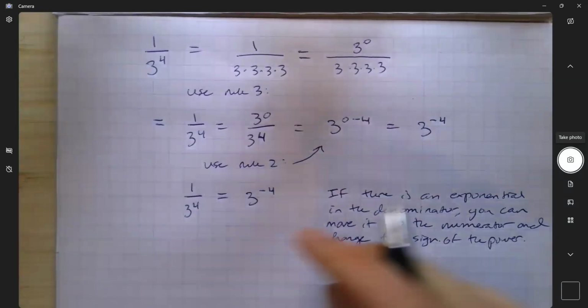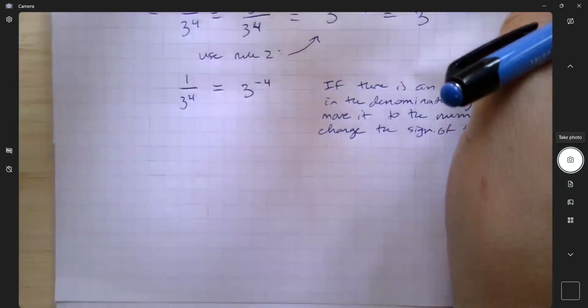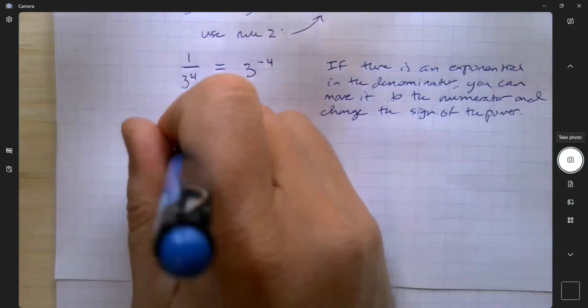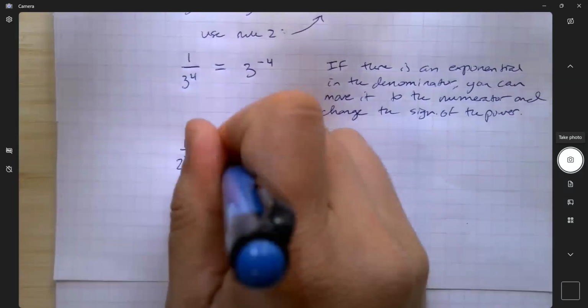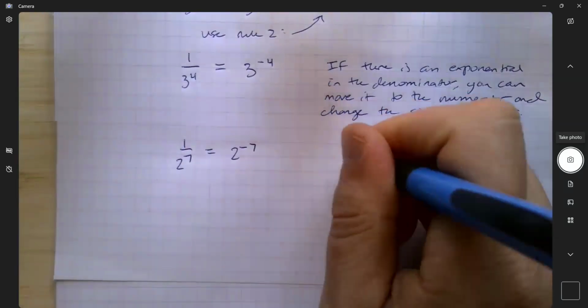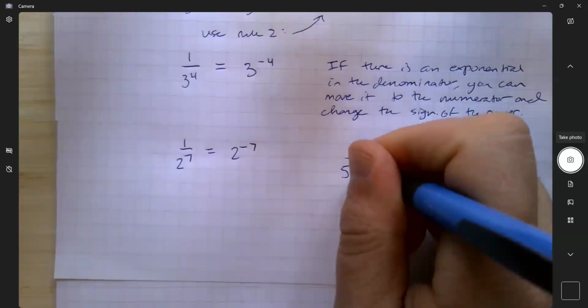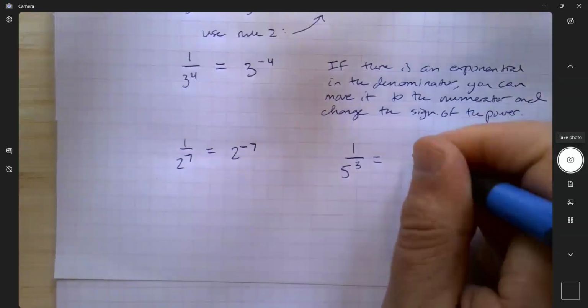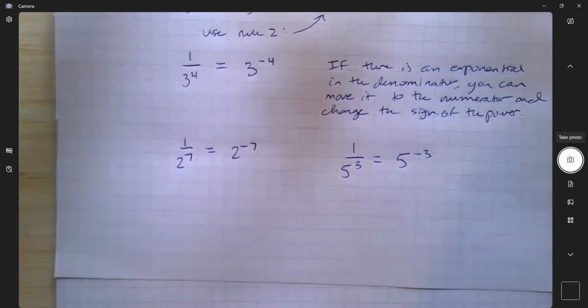So if I have 1/2 to the 7th, I can write that as 2 to the minus 7. If I have 1/5 cubed, or to the 3rd power, I can write that as 5 to the minus 3.